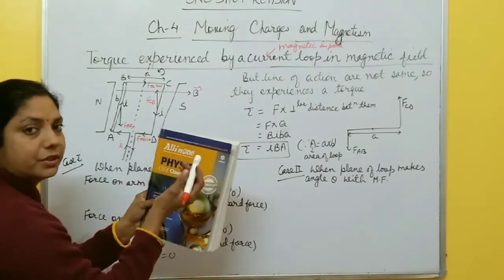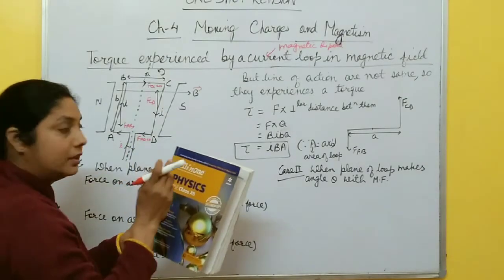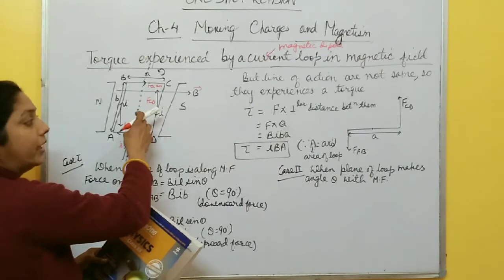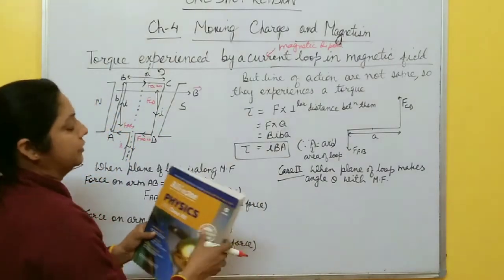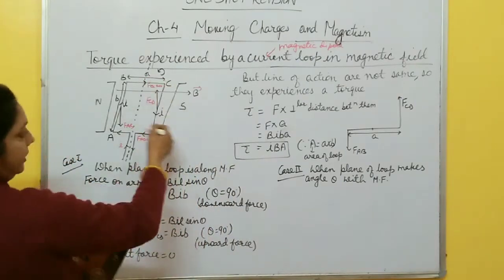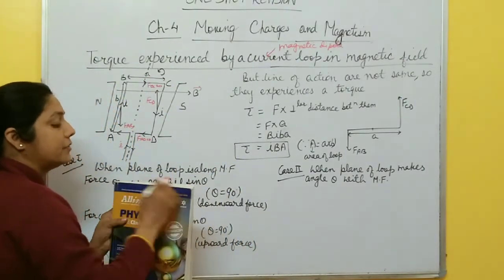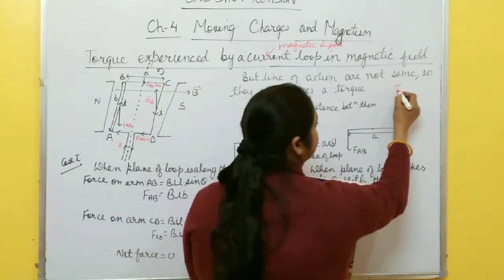Torque means rotational motion. This rectangular coil experiences some torque because the two forces are equal, but their lines of action are not the same. And if you look at this figure from the top, you just find that there is a single line. This is the top view, right?